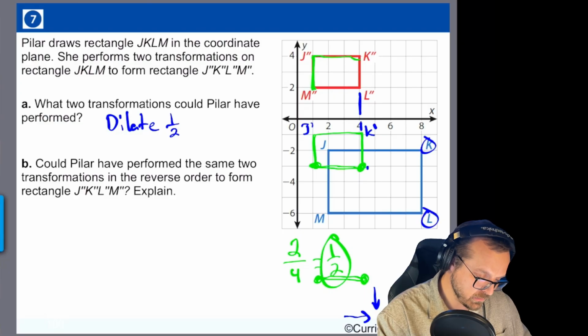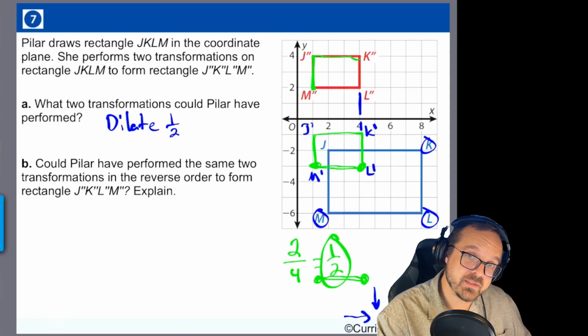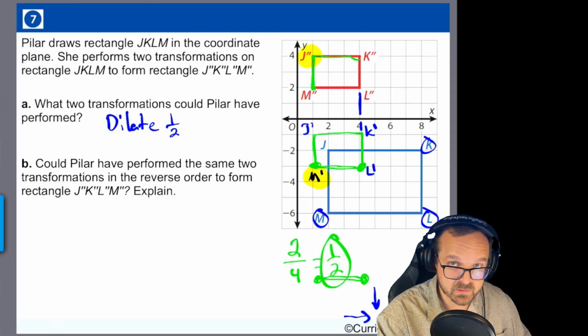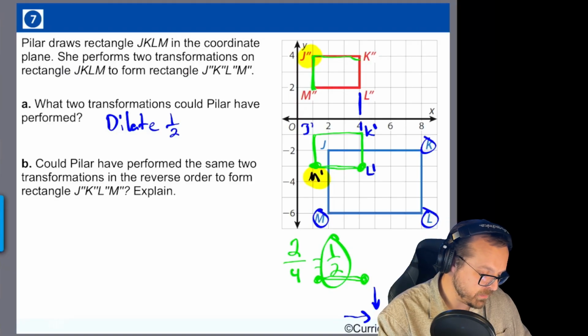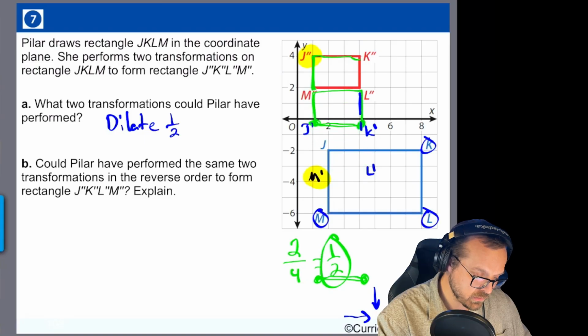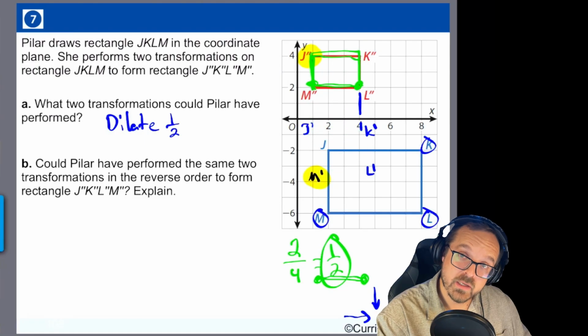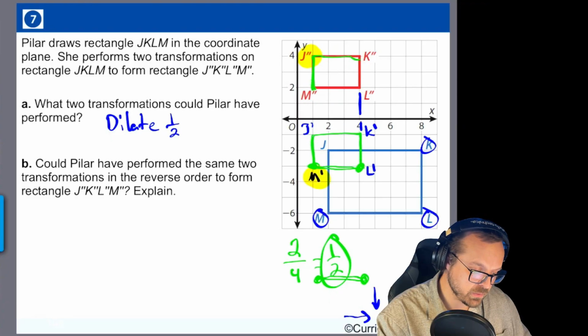This is L prime, and this is M prime. So if I even reflected, that means that my M would have to go up to here if it reflected. So that wouldn't keep everything in the same orientation. So I'm going to translate everything up 1, 2, 3, 4, 5. So translate up 5 units.